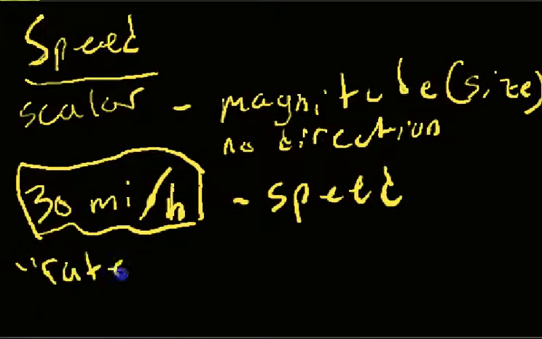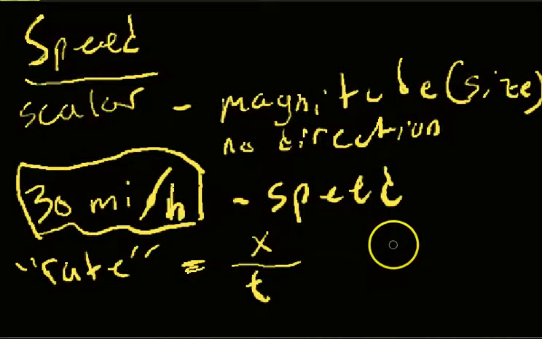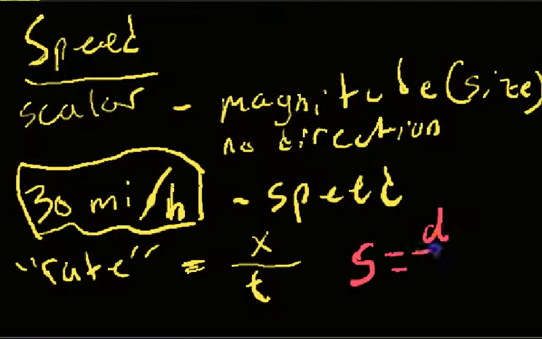I don't know how familiar you guys are with rates, but that always means that something is being divided by time, always. That's just the definition of a rate. So in terms of speed, our equation here is speed, s, is defined by, or equal to, distance, total distance covered, over time.